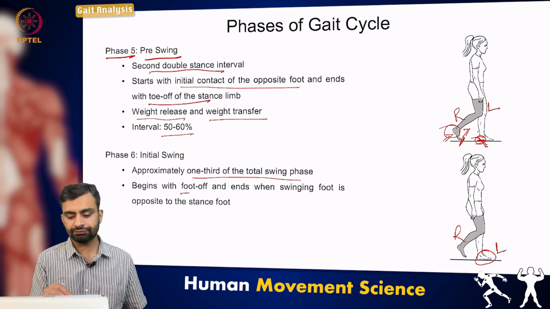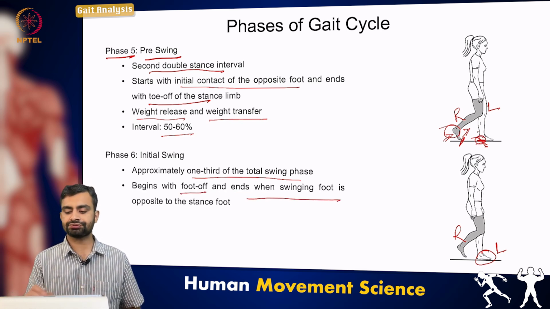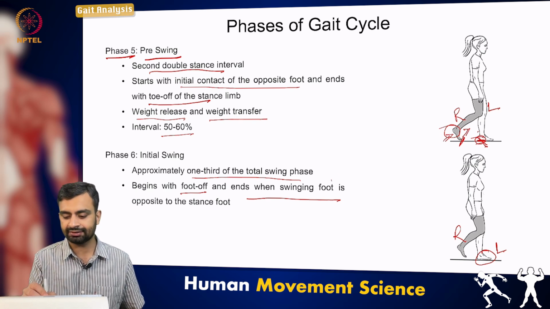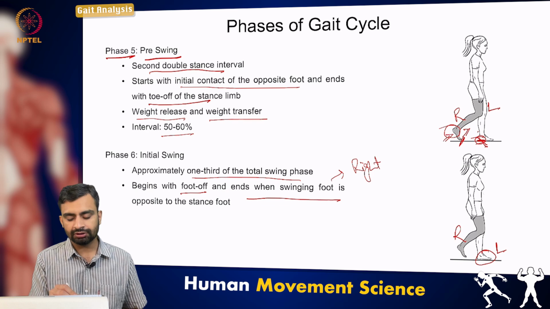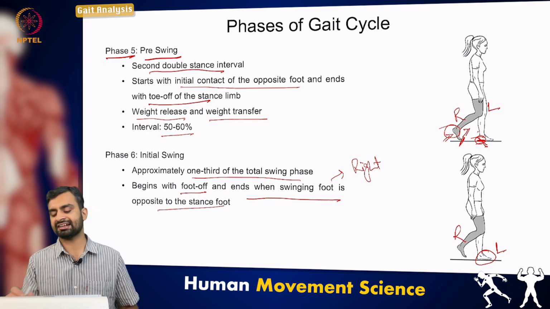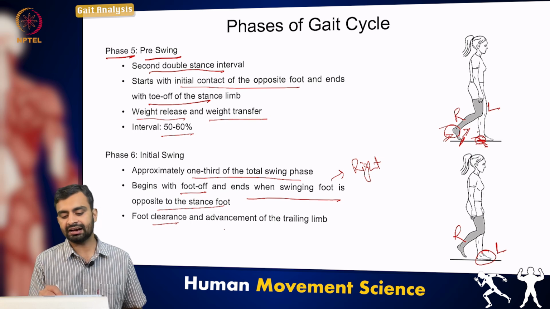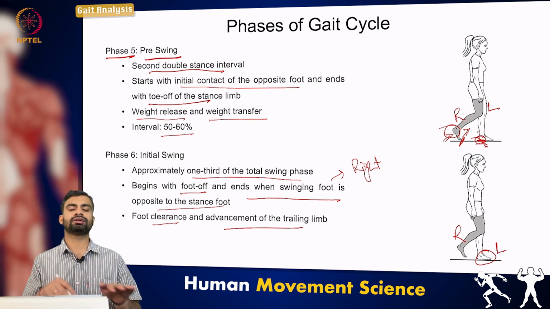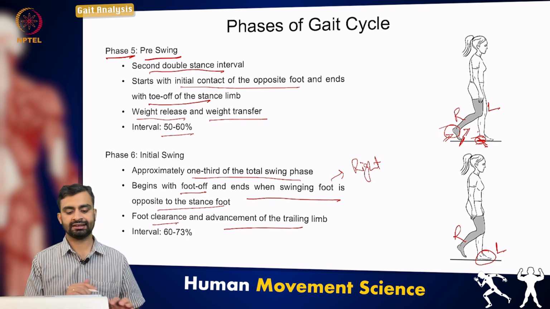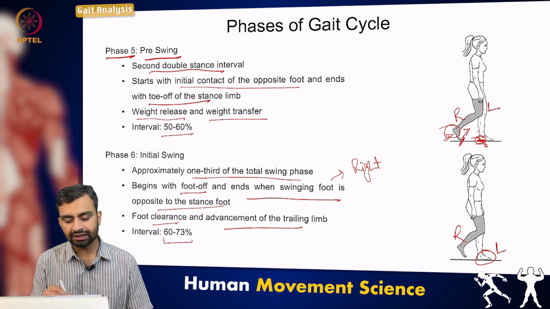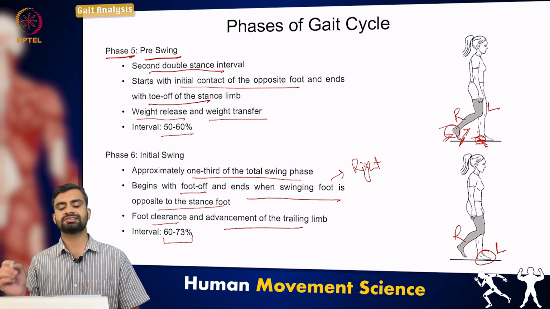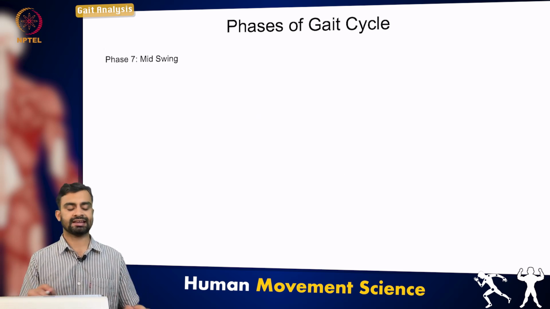It begins with the foot off and ends when the swinging foot, in this case the right foot, is opposite to the stance foot. It helps in foot clearance and advancement of the trailing limb, or the limb which is behind previously, and it happens during the interval of 60 to 73% of the gait cycle.